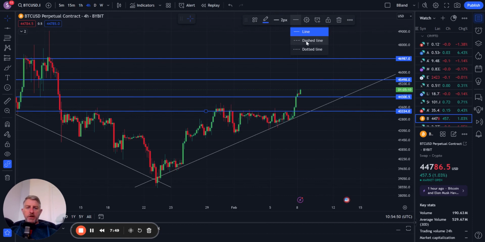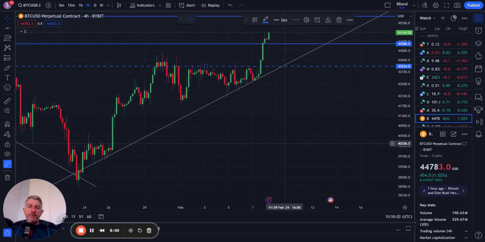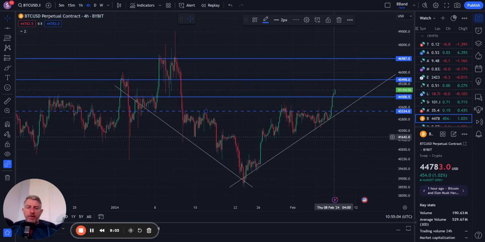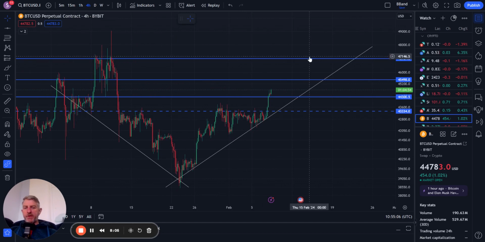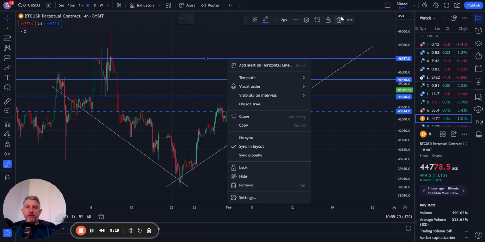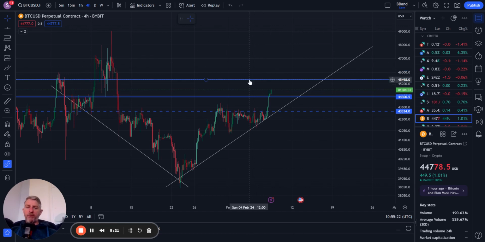So if Bitcoin does start to close 4-hourlies back below there, then probably more downside. I'm probably not going to talk about downside targets at the moment because it appears to be in an uptrend with a sequence of higher highs and higher lows. And so that pretty much covers it for today. Got too many lines on here at the moment, so I can delete that one for now.